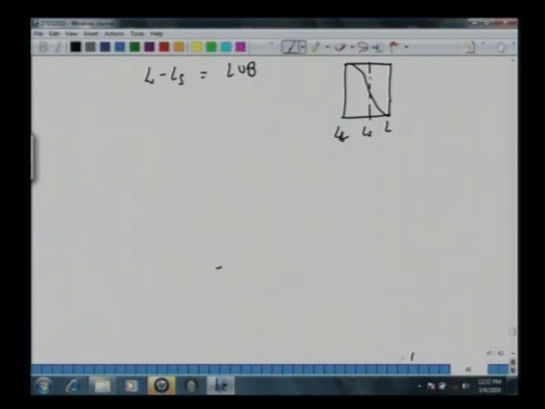So L minus LS is your LUB. This is the star point. Equivalent to this, we have a stoichiometric time, where we have this TS, where you have this TB, and now you have this T equilibrium, when the bed is completely saturated. So LUB equals L minus LS.